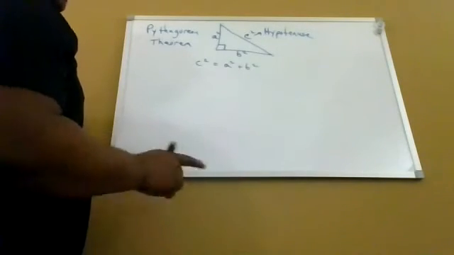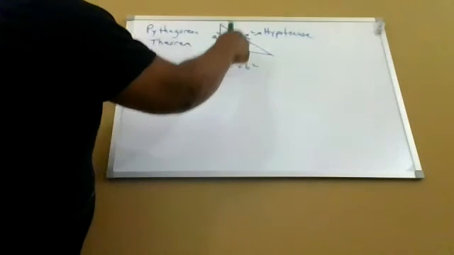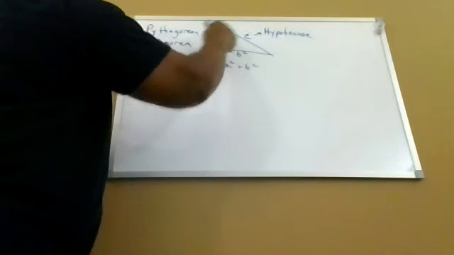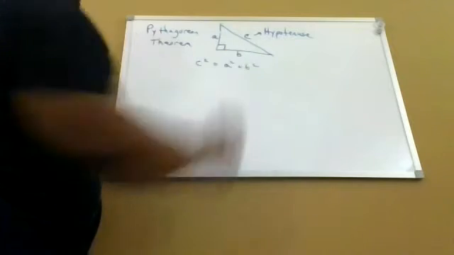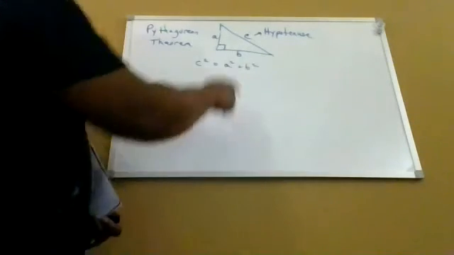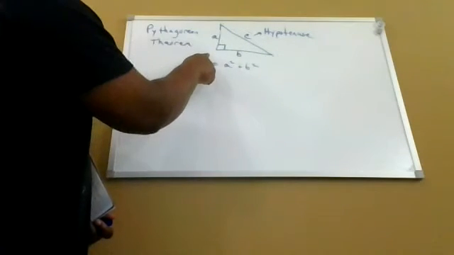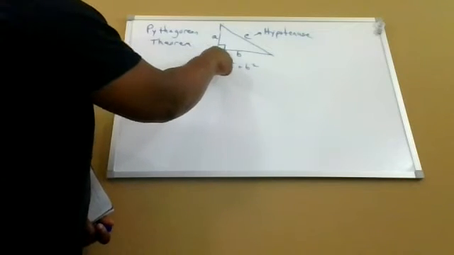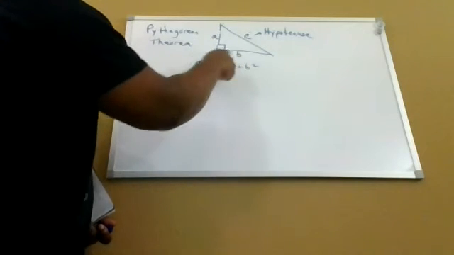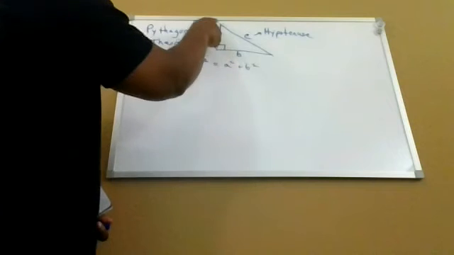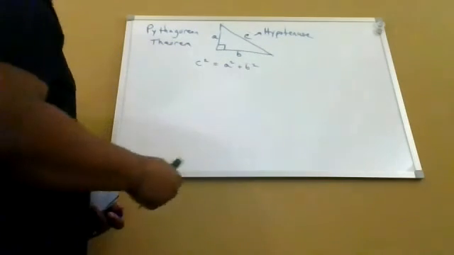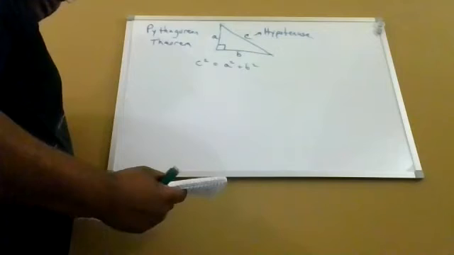Actually, for a second, let's take those squares off of the diagram. Just leave it as one leg of the triangle, which is A. Another side of the triangle is B. And the longest side of the triangle is C, which is called our hypotenuse.